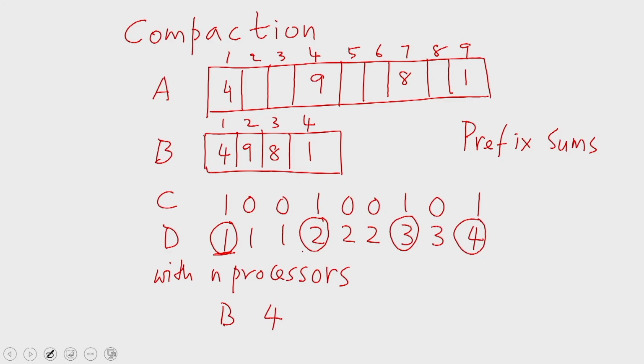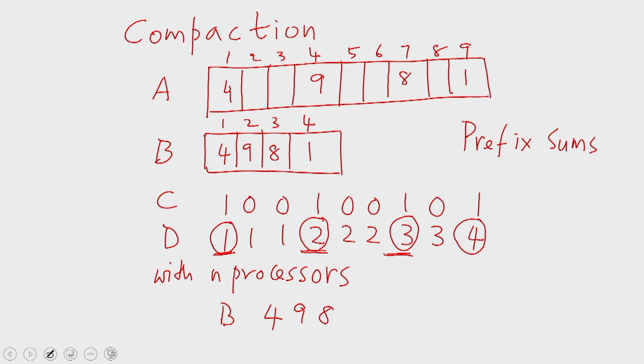The processor which is occupying the 4th position in array D will take the corresponding element and copy it to the second position here, which is the value that D4 contains. So, 9 will occupy the second position of B. The processor which is at the 7th position, namely this, takes the corresponding element, which is 8, and copies it into the third position.